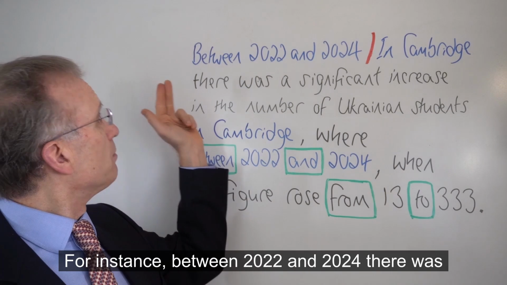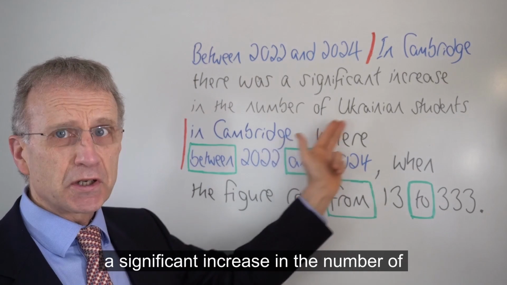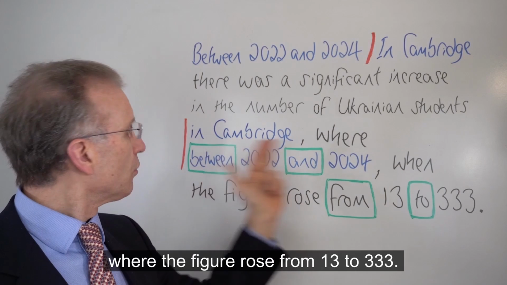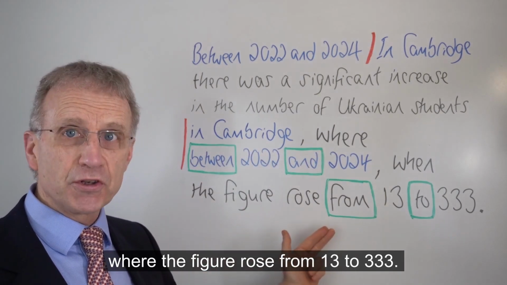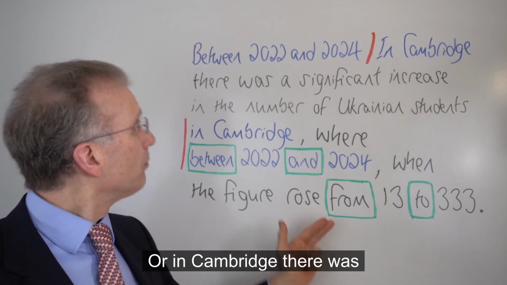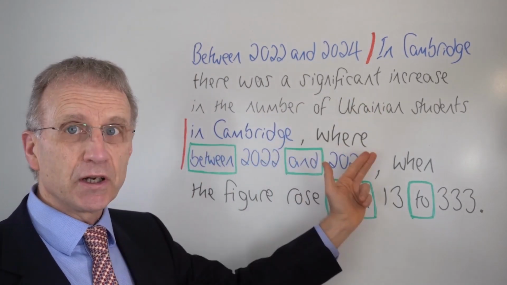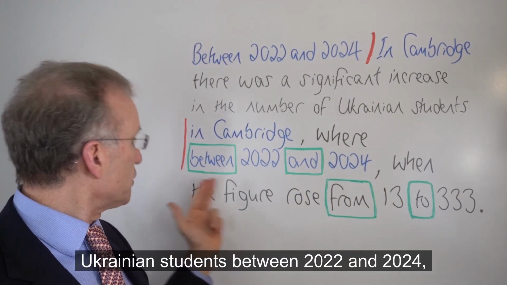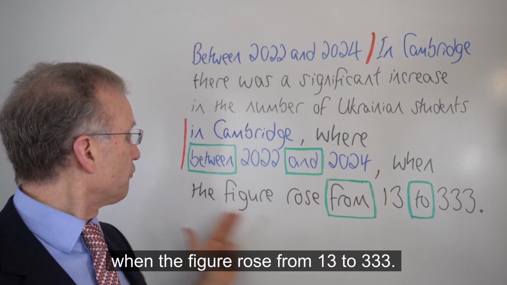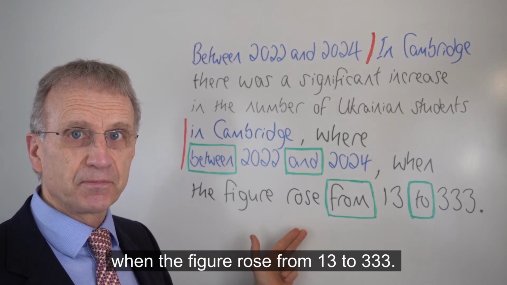For instance, between 2022 and 2024, there was a significant increase in the number of Ukrainian students in Cambridge, where the figure rose from 13 to 333. Or, in Cambridge, there was a significant increase in the number of Ukrainian students between 2022 and 2024, when the figure rose from 13 to 333.